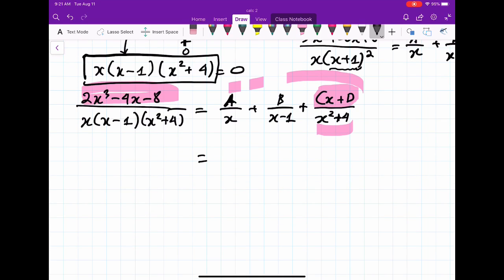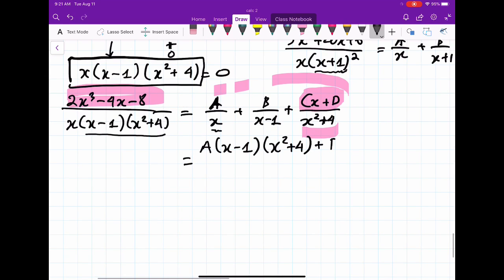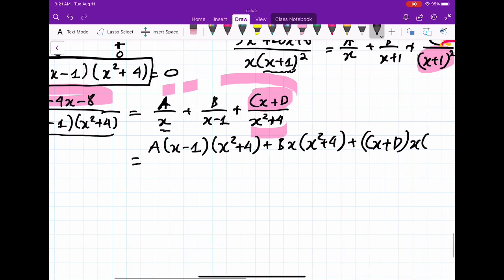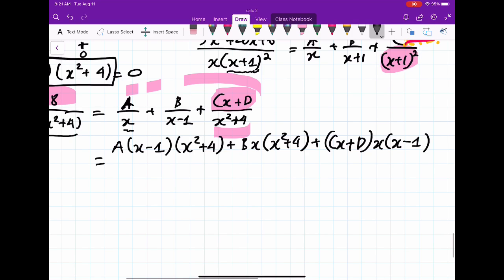Okay, let's do this. Since here we have x, I need x minus 1 times x squared plus 4. So I have A times (x minus 1) times (x squared plus 4). For the B, I need to multiply with x and x squared plus 4. And for the next one it should be (cx plus d) times x and (x minus 1).